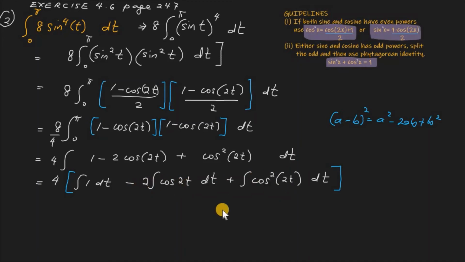Everybody try to integrate. As for this portion, change it first into this form: cosine square, where our angle is 2t, which is cosine of 4t plus 1 over 2, with respect to dt. We can split further this portion. As you split, it becomes cosine 4t on 2.